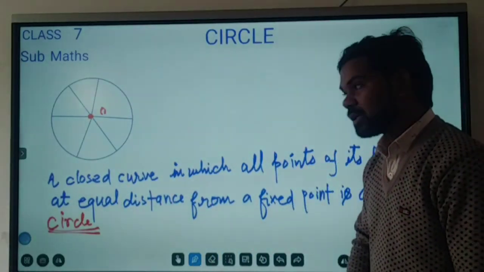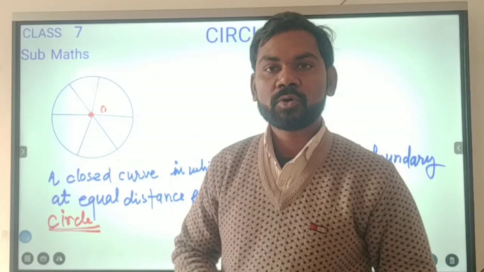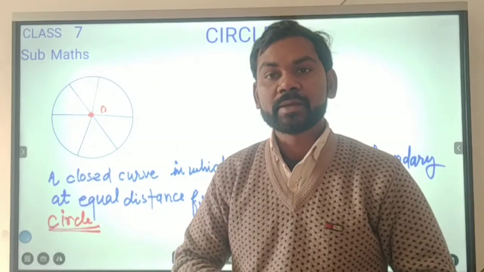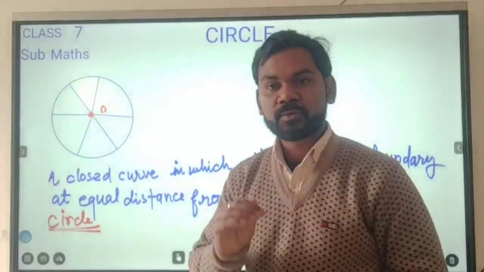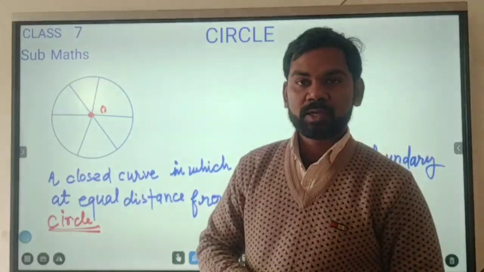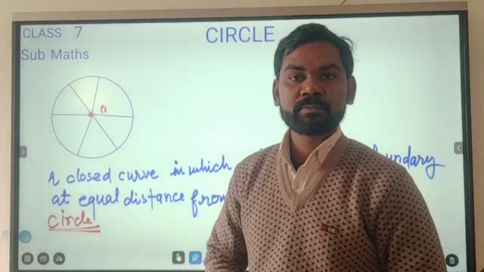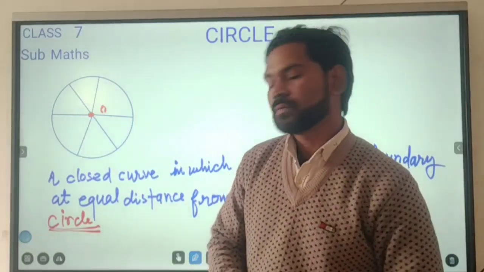You can define it easily: a closed curve in which all points of its boundary are at equal distance from a fixed point is called a circle. Now let's study further about the various parts of a circle.